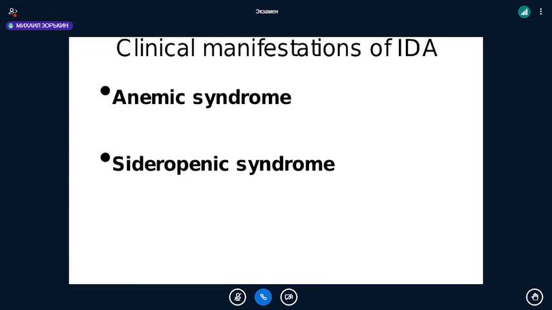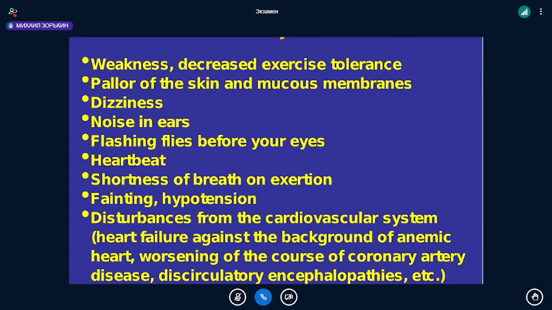The clinical manifestation of iron deficiency includes anemic syndrome and sideropenic syndrome. Anemic syndrome comprises pathological findings caused by oxygen lack, a decreased supply of oxygen by the red blood cells. Examples are weakness, decreased physical tolerance, pallor of skin, dizziness, noise in the ears, flashing flies before the patient's eyes, heartbeat, shortness of breath on exertion, fainting, hypertension.